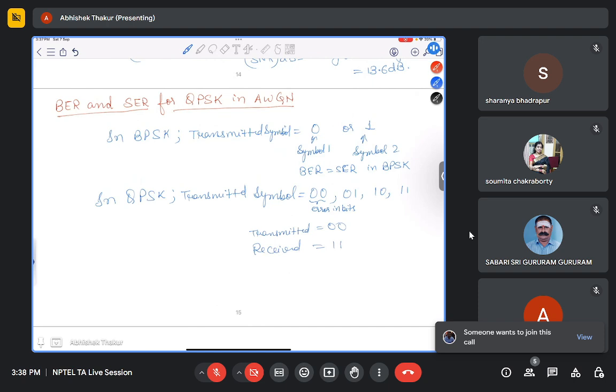There is an error in this bit also, and an error in this bit also, but the number of symbol errors is only one, because only one symbol was transmitted. So this is the difference between symbol error rate and bit error rate. So this is required in QPSK but not in BPSK.